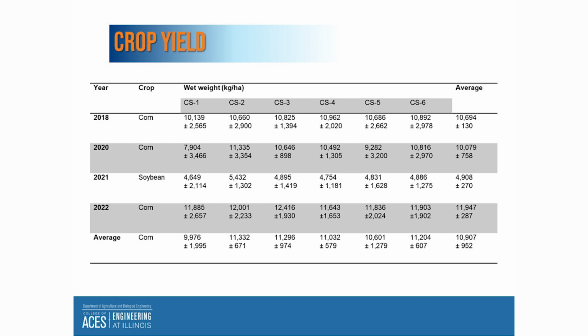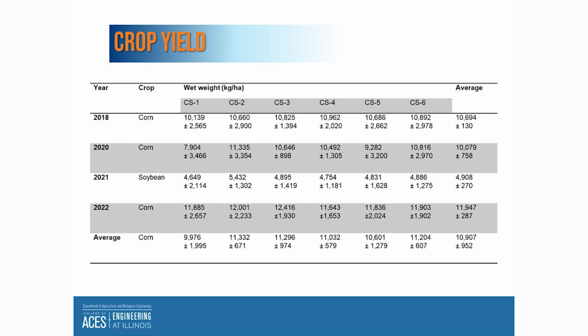We can look at the average as well, the average of these 4 years, when 3 years were corn and 1 year was soybean. The CS1 and CS3 combination, which was our closer spacing, had a little bit smaller yield.